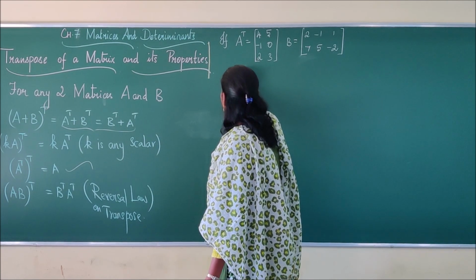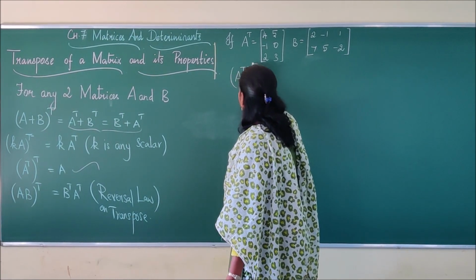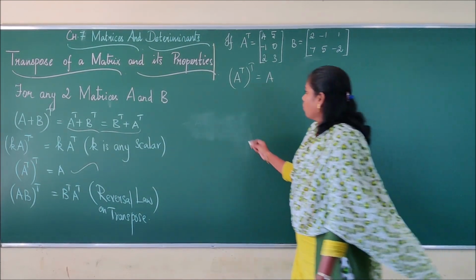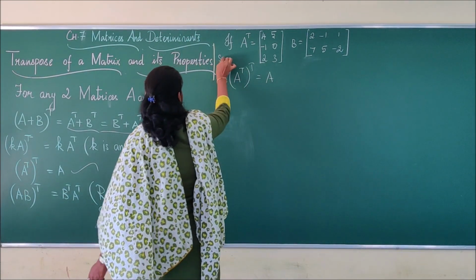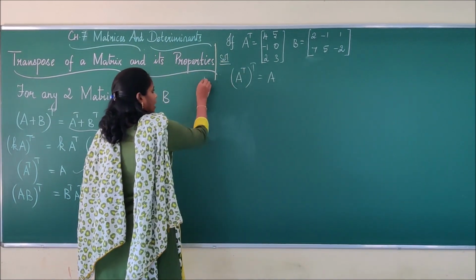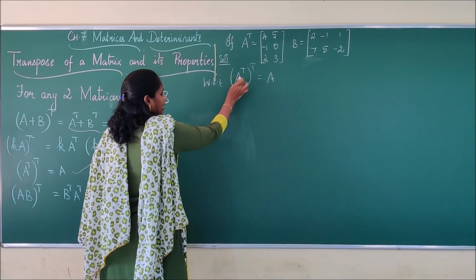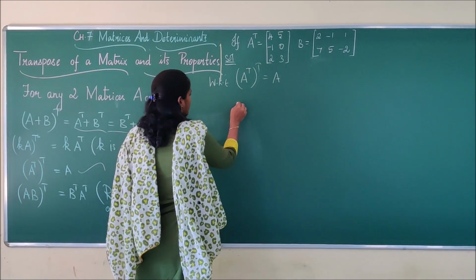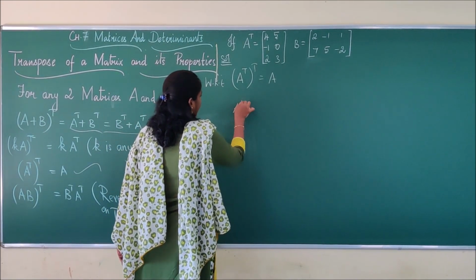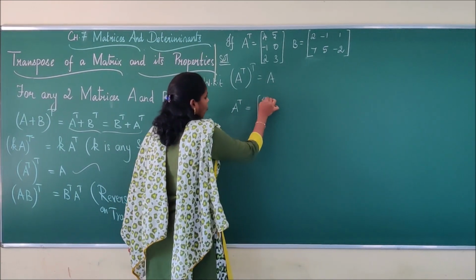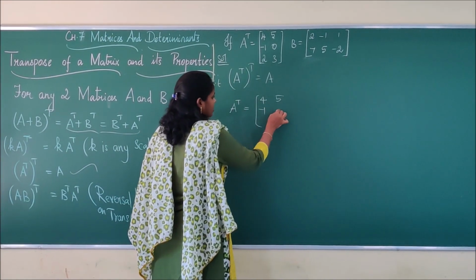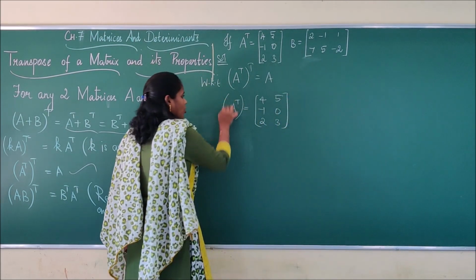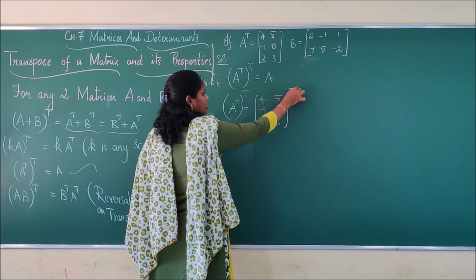A is nothing but the transpose of A, right? So now, see, this is my solution, and we know that A transpose, the whole transpose is nothing but A, right? So what is my A transpose here? A transpose is nothing but 4, 5, minus 1, 0, 2, 3, and now I am just going to take the transpose of this matrix.